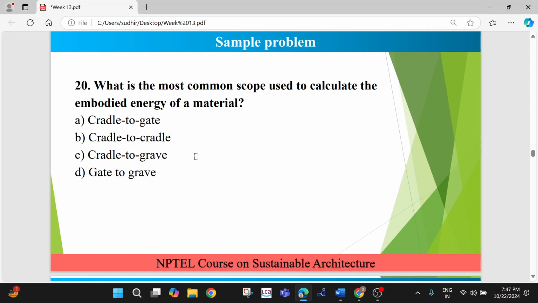Question number 20. Here is question number 20 for all of you. What is the most common scope used to calculate embodied energy of a material? So which life cycle assessment scope will you be using to calculate the embodied energy of a material?